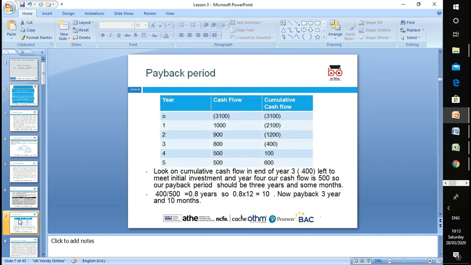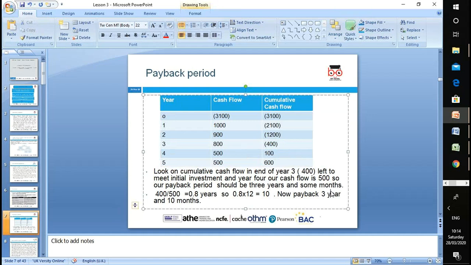So if we look here, we are going to invest. We've been given year 0, which is always the current year when we are going to invest something. So we are going to invest £3,100, and the cumulative column is my running total. In year one we are going to get back £1,000, so my outstanding amount is still 2,100. In year two I'm getting another 900, outstanding is 1,200. In year three I'll get £800 back, and now outstanding is 400.